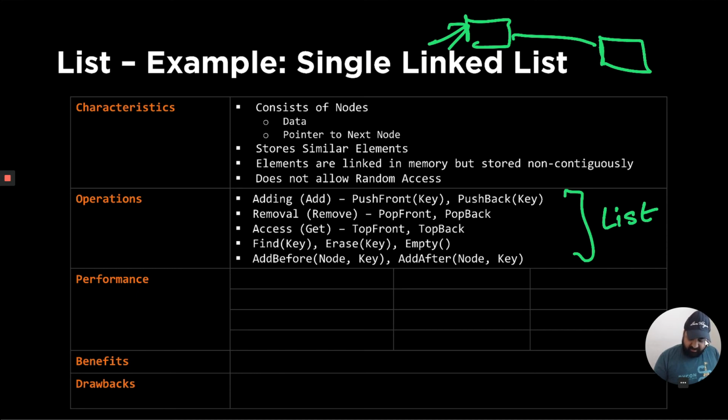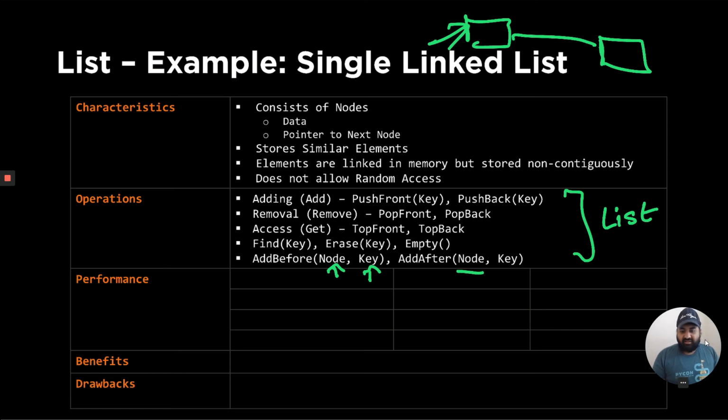Also, we have add before and add after in some of the APIs that are implemented, where we pass a node and a key, and we want to add a new node right before this node with the value key. Similarly, the add after works with some node object.